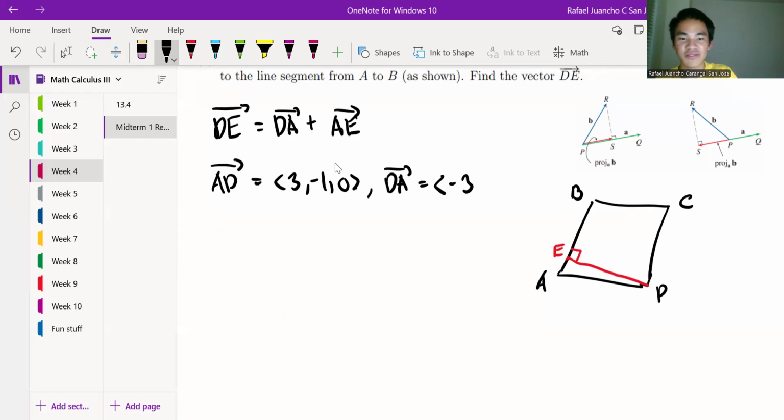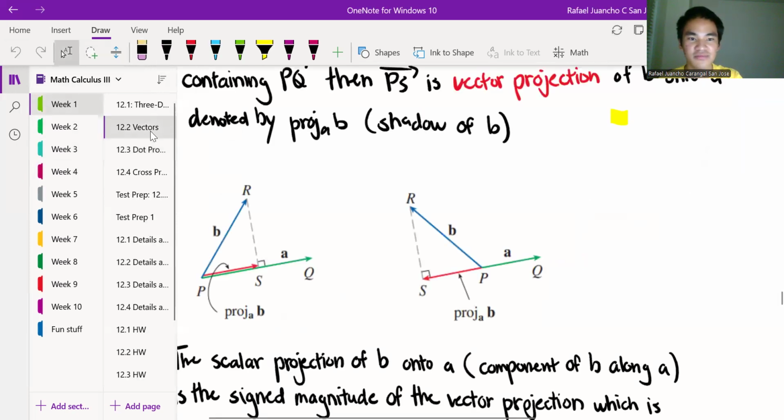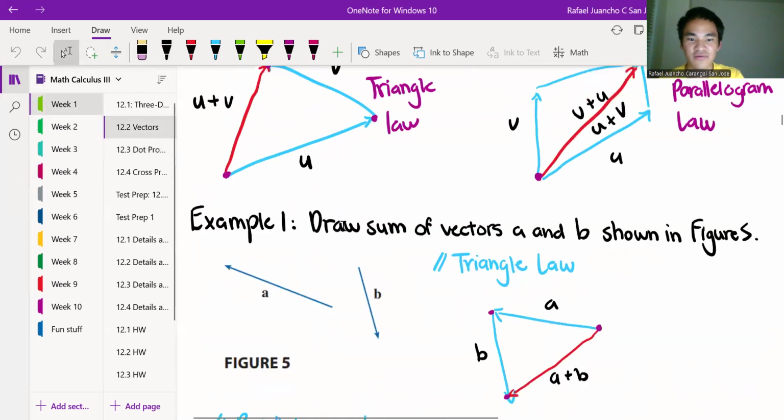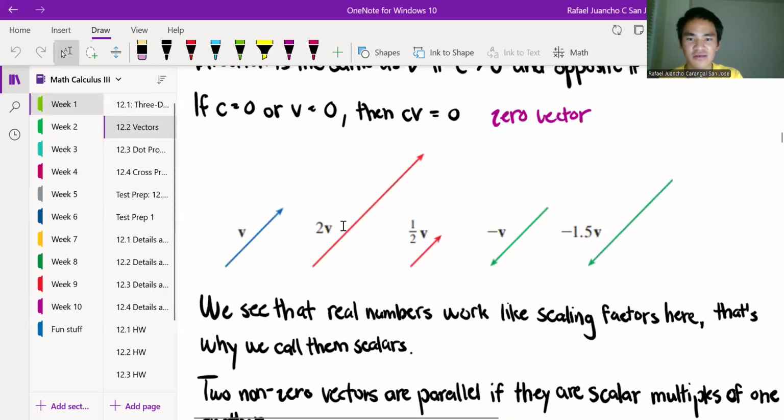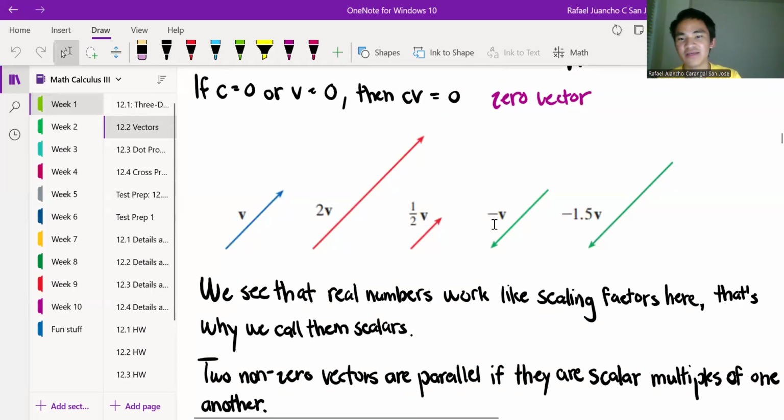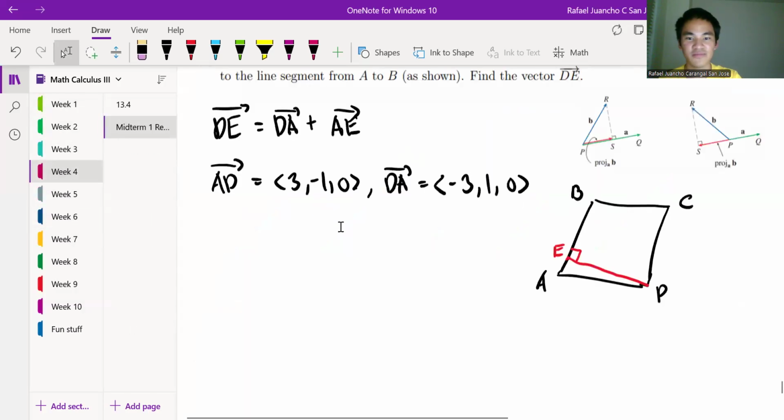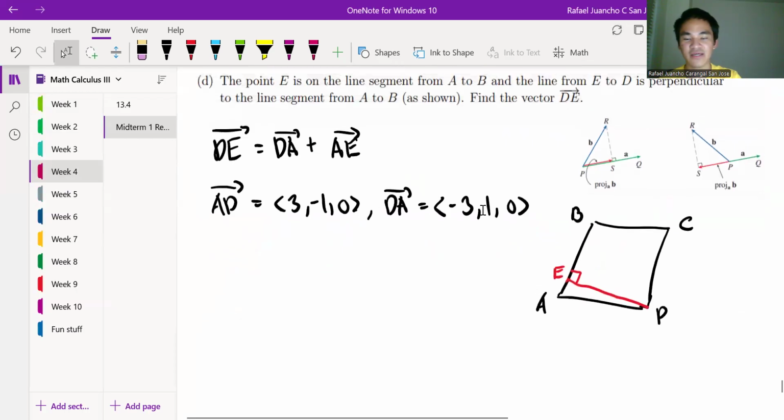So I get -3, 1, 0. That's it. So I just switched the signs, right? Because in vectors, if we want to change the sign, then we have to scale it by -1. So that's what we're doing here. Now I have DA. That's good.